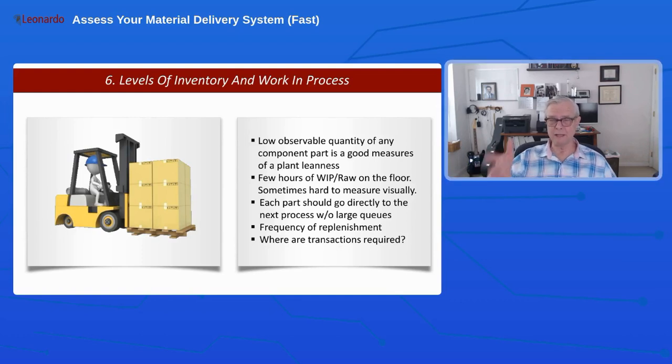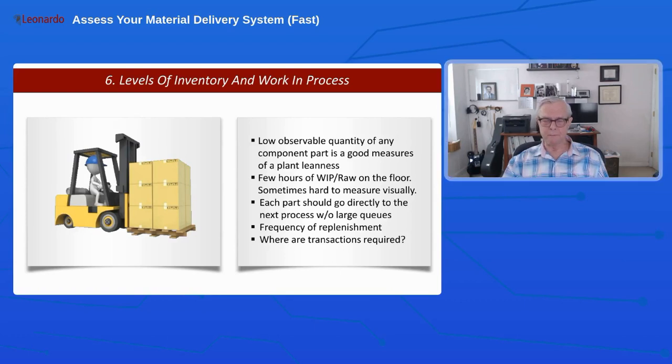And ideally, you're kitting as a part of the process, not kitting in some warehouse and then delivering some kits sometime later and storing the kits somewhere and then delivering the kits. In the case of Toyota, they had essentially a supermarket type area connected to the engine prep line. So they were kitting at the same pace and real time that the line was running. Okay. So again, levels of inventory, work in process, something we want to look at.